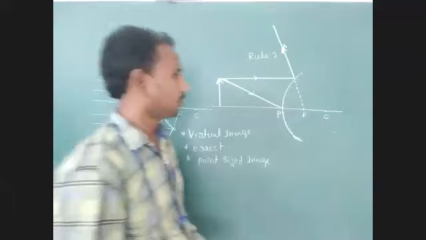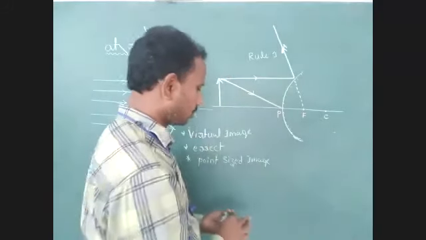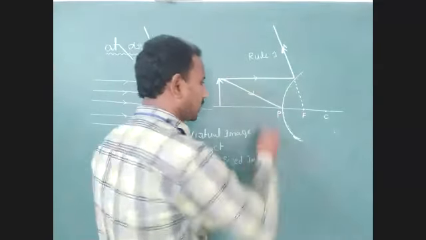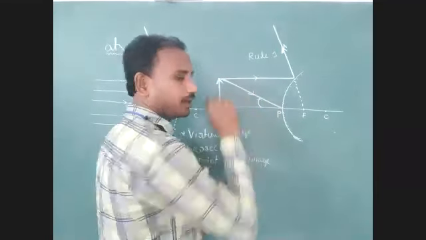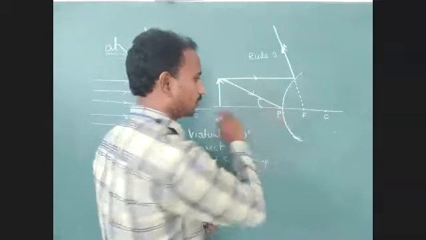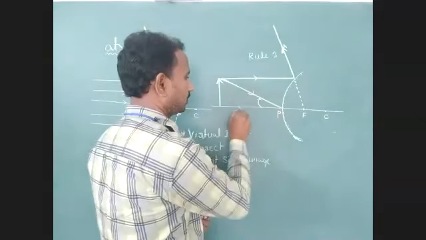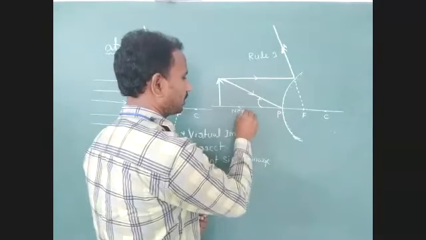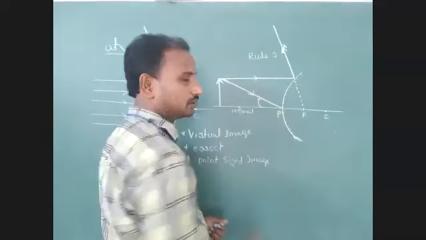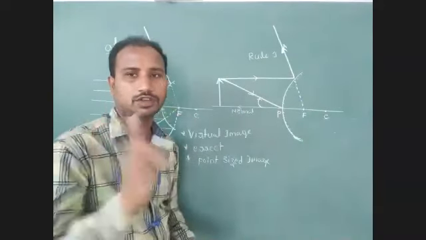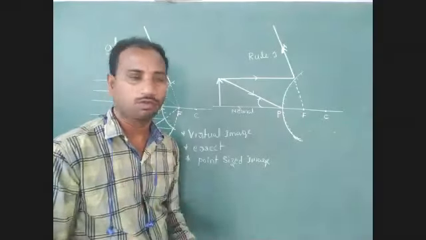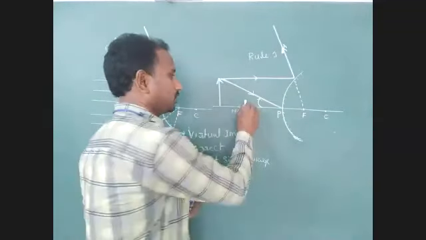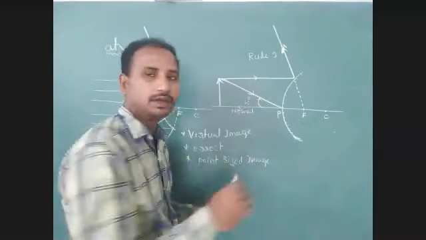The next one, we have to consider rule 4. The angle between the incident ray and the normal. The normal is always perpendicular. The normal is not a light ray, it is one geometrical line. It is one reference line. That reference line is required for calculating the angle of incidence and angle of reflection.